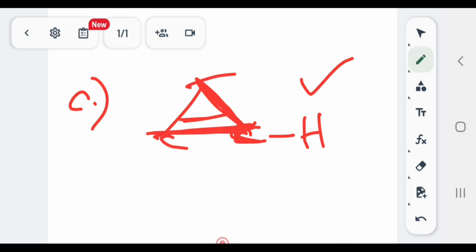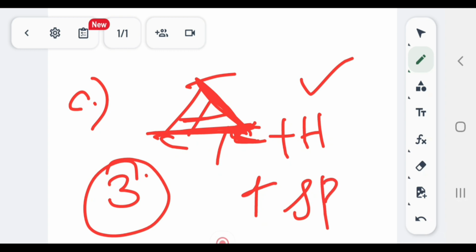Among these 4 bonds, you have to take into consideration only the sigma bonds, right? You shouldn't include the pi bond. So here you have 3 sigma bonds, right?